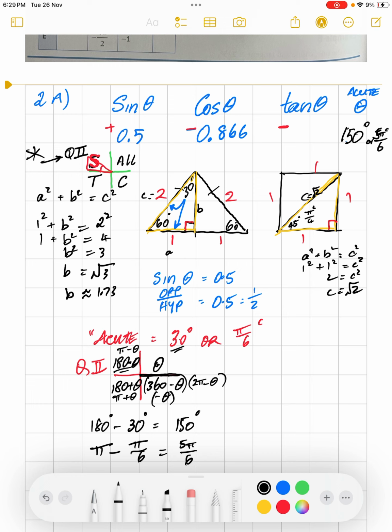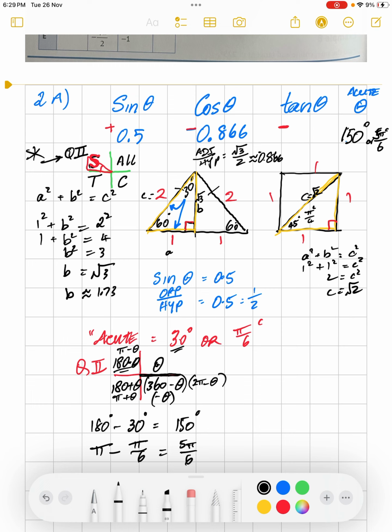Okay, let's check cos theta. Is the adjacent divided by the hypotenuse 0.866? The adjacent is root 3, and is root 3 divided by 2 equal to 0.866? Yes, it is, so we are correct. And it's negative because it's in the second quadrant.